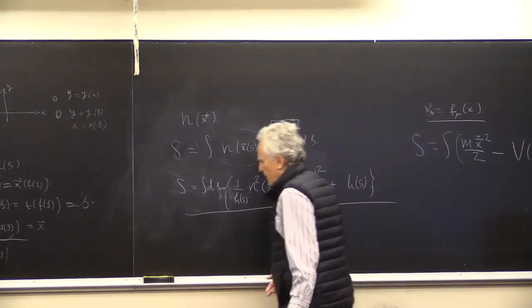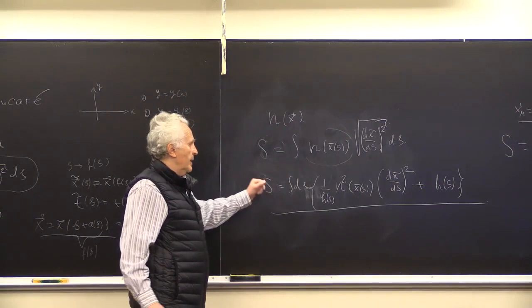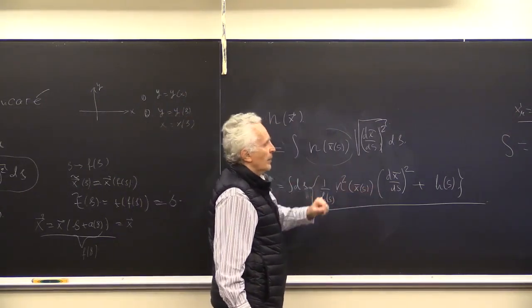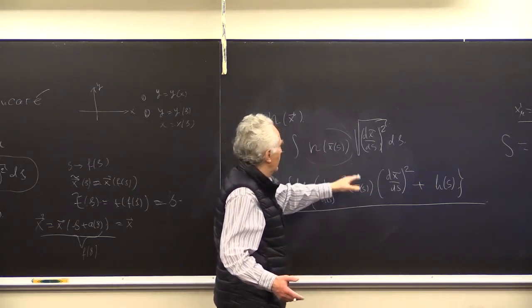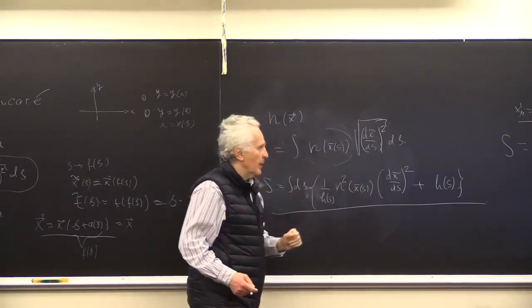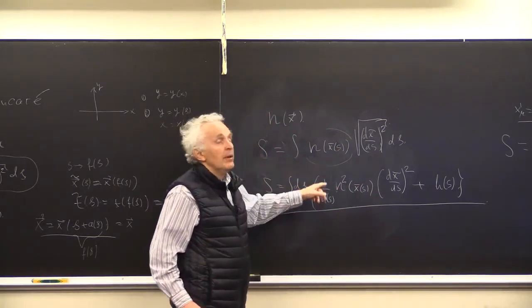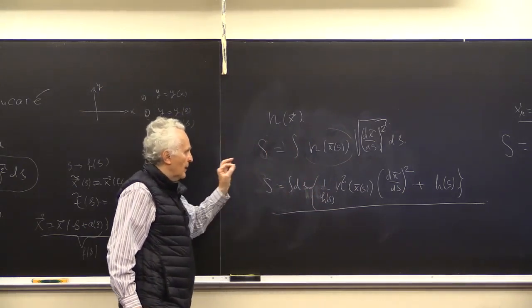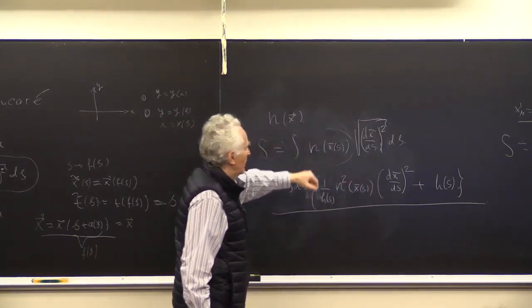A very strange form of action. First of all, you will see in one second that it is the same action as this one. But also, h of s has a certain physical meaning. It's a one-dimensional gravitational field on the world line of this particle.